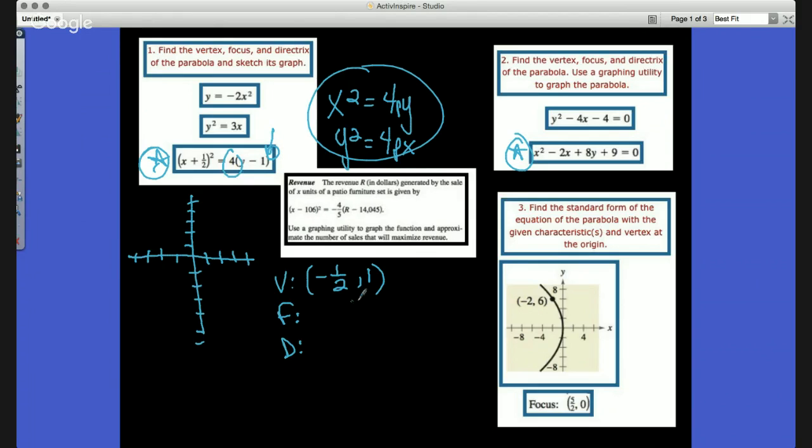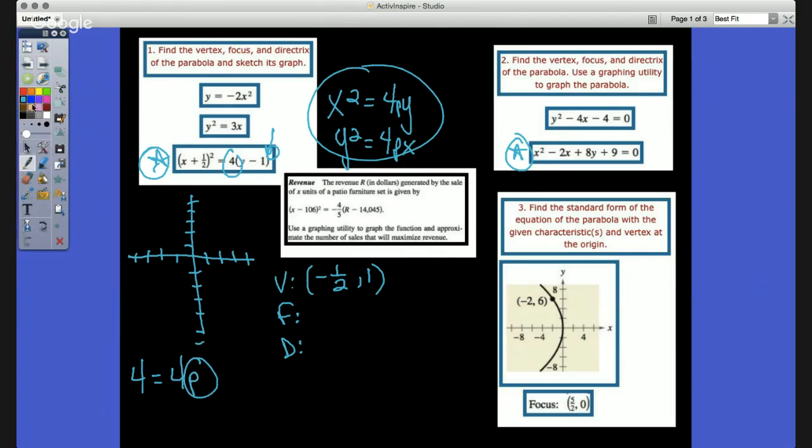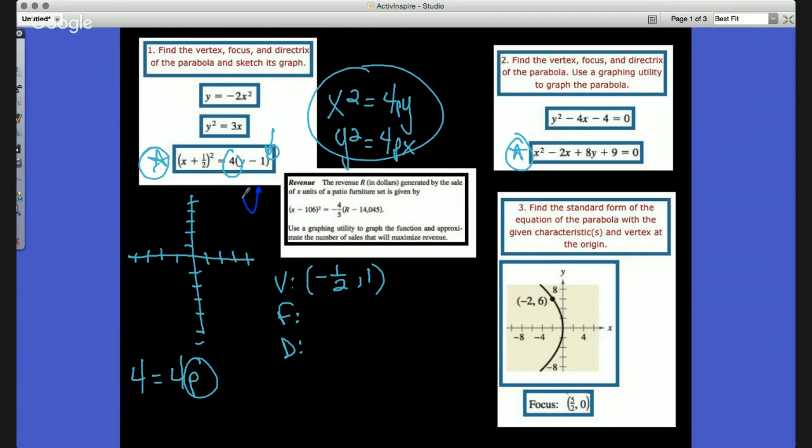In doing this, we've got it in standard form, but to find my foci, I've got to set 4 equal to 4p to find out what p is. Remember, p is the distance from my vertex to my foci, so it's the distance traveled. Because this is a +4, we know that this is going to go up, and we know the vertex is -1/2, comma 1, so it's going upwards.